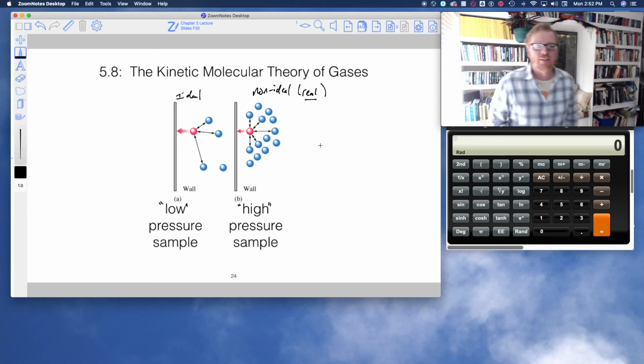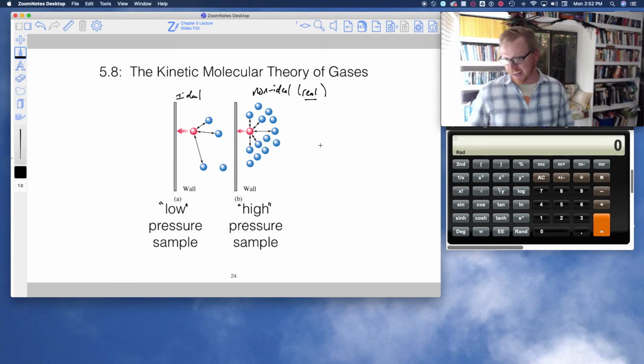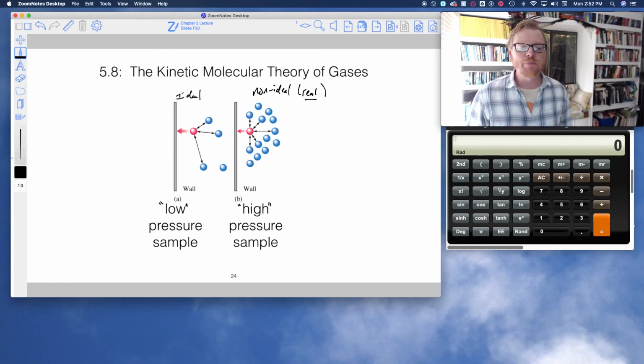Okay? Doesn't have to mean that when you're in a low pressure environment, you're not in reality. It just means when you're in low pressure, gases are going to behave ideally. When you're in a high pressure sample, gases are going to behave non-ideally because of all these collisions and also because of the volume that we're not accounting for from these molecules themselves. Okay?